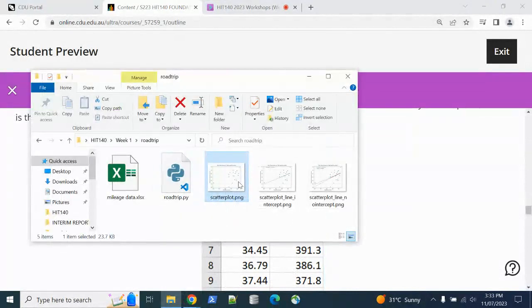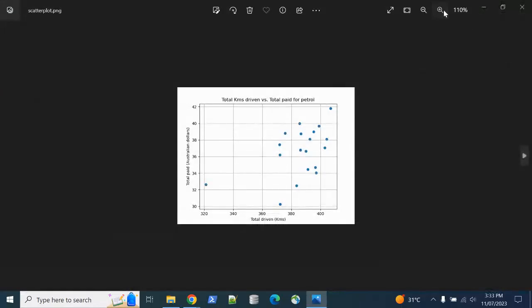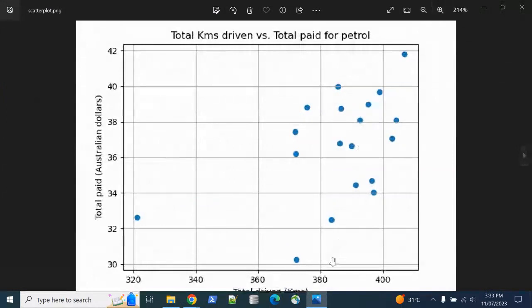So 390 kilometers, that's somewhere here, $36. So that's probably this one. So the first row is represented by this dot. Okay, so you have 19 rows. So the dot is really the intersection between the two values, the kilometer and the dollars.